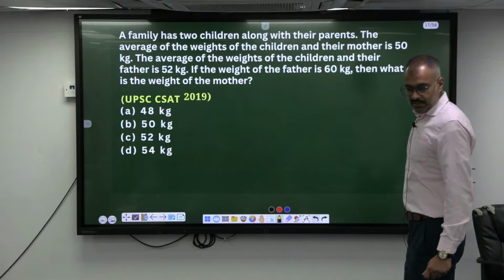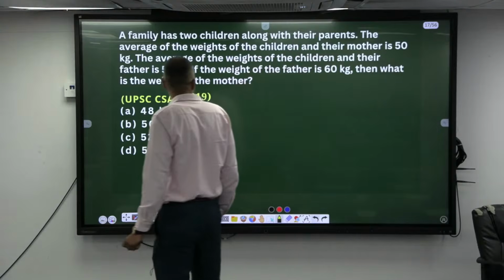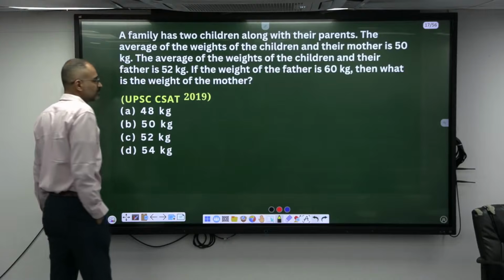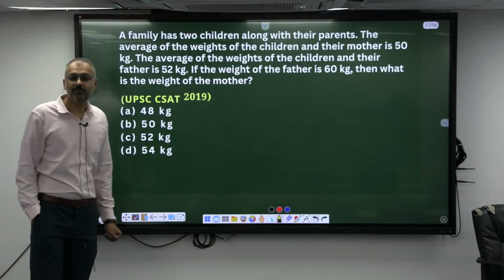Similarly, X, Y and B is 52. If the weight of the father is 60 kg, then what is the weight of the mother? Heli sir, 54, 50.